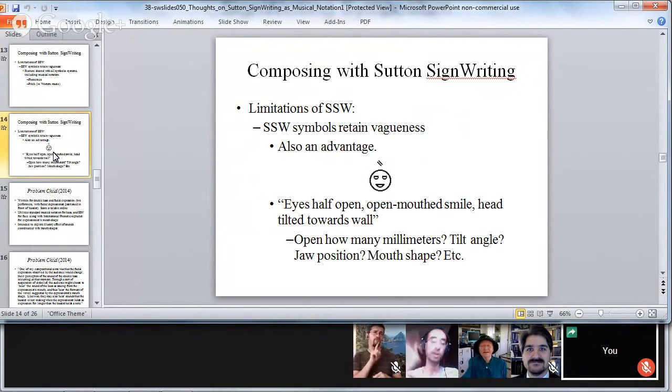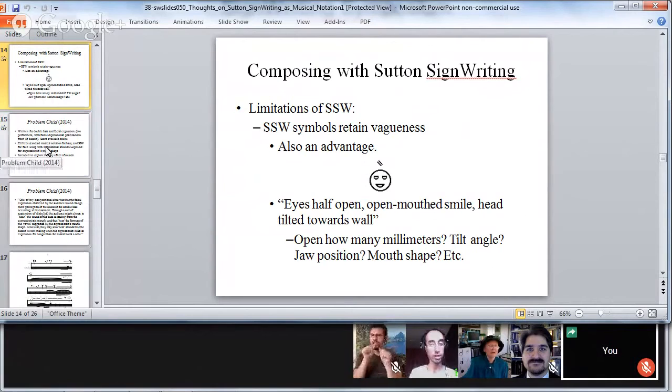Okay, so this is an example of a symbol that I used a couple times in the piece. And the instruction that I gave for the performer was that this means eyes half open, open-mouthed smile, and the head tilted toward the wall. But it leaves open how wide open should the mouth be, how many millimeters, what angle should the head be tilted, what should the jaw position be, what should the mouth shape be, and so on. And these are details that are not relevant in a linguistic context.